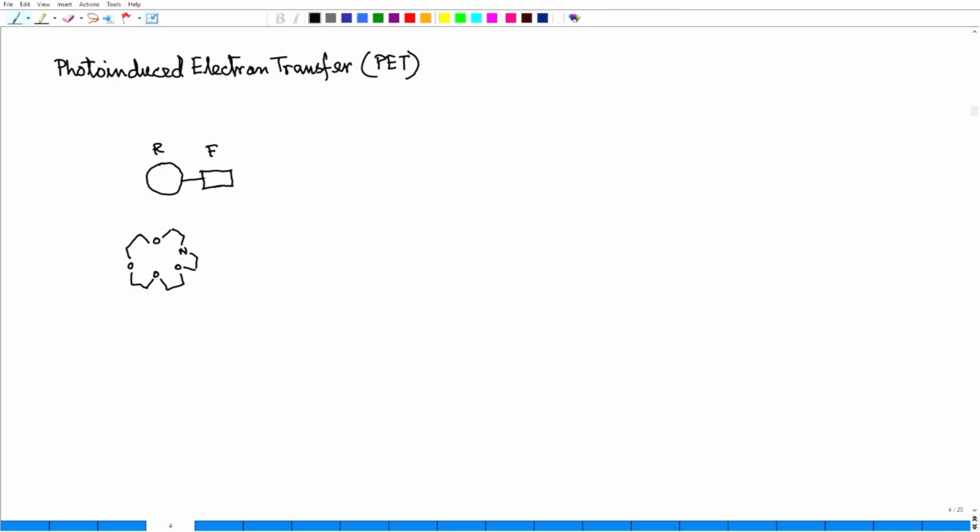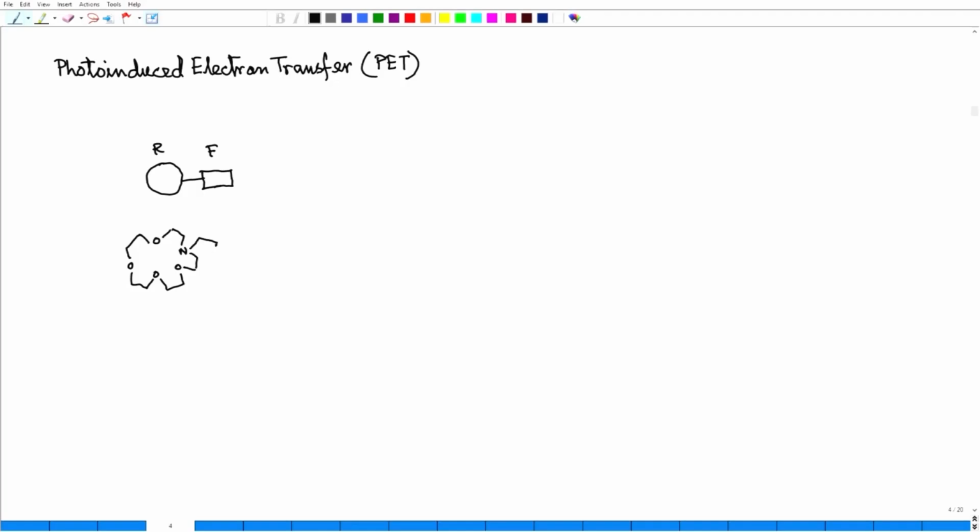So, I know that this will be a sodium ion receptor, and the spacer is a methylene spacer. And what is a fluorophore? Usually we take multi-aromatic systems. For example, we take anthracene. Anthracene is a very good fluorophore.